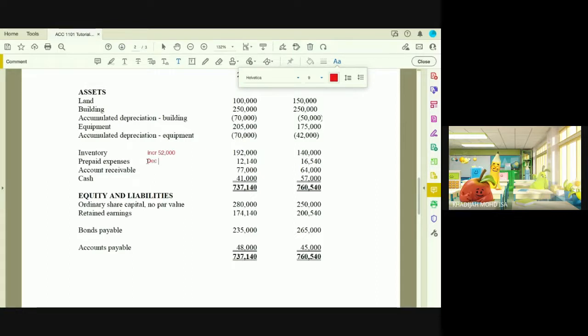Then accounts receivable: there's an increase of 77 minus 64, an increase of 13,000. And finally cash, there's a decrease by 57 minus 41, so a decrease of 16,000.